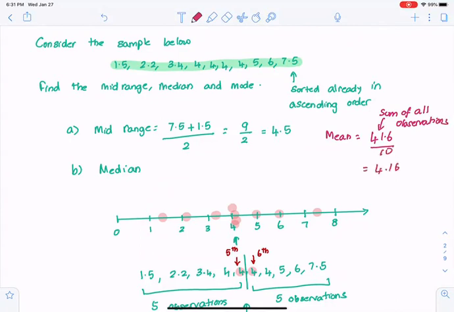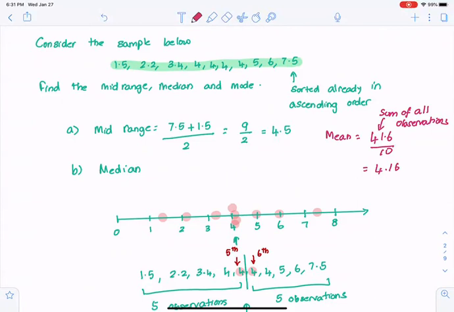And you can see that the mean is also very close to the median and the mid-range. So this is one of those samples where things are working out really well. And the reason for that is in the picture itself. If you look at the data, you could see a symmetry about 4. You have equal number of observations on either side, and majority of them lie in the middle.